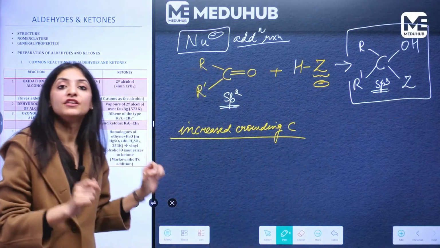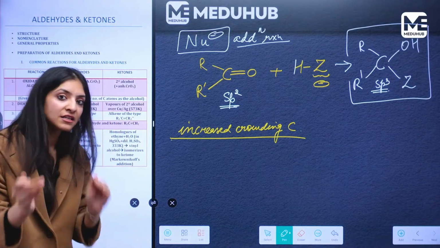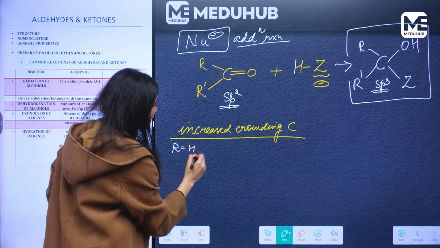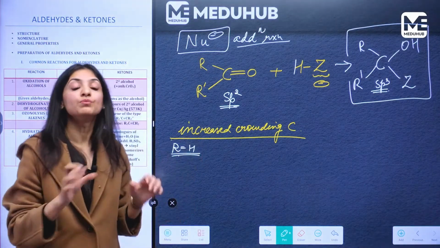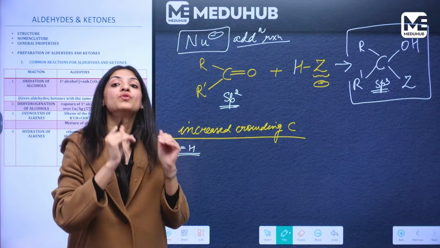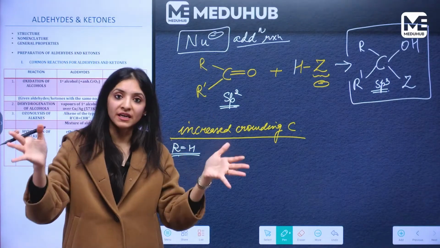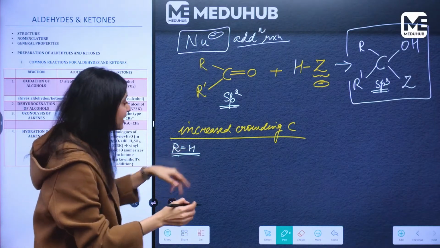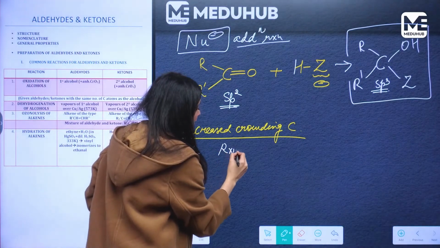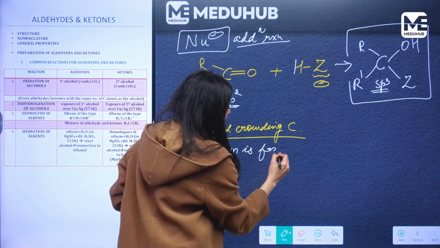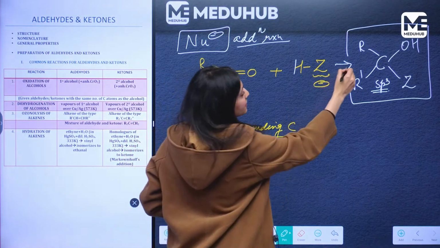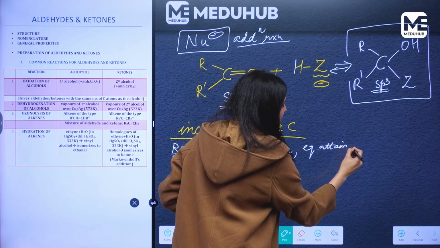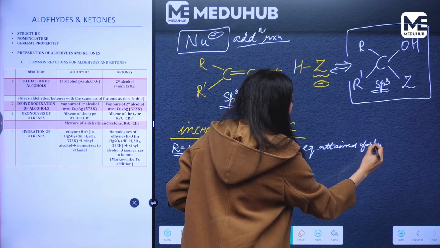If we compare the nucleophilic addition reactions of aldehydes and ketones, what will you see? That in aldehydes, one of the R groups is a hydrogen atom, whereas in ketones, both the R groups are alkyl groups. So as the size of these alkyl groups increases, the steric hindrance increases, and hence you would find that in the case of aldehydes, the reaction is faster and this equilibrium is also attained faster compared to ketones.